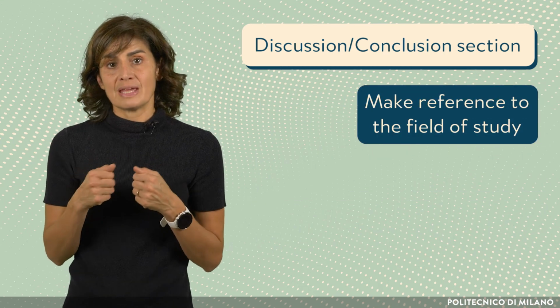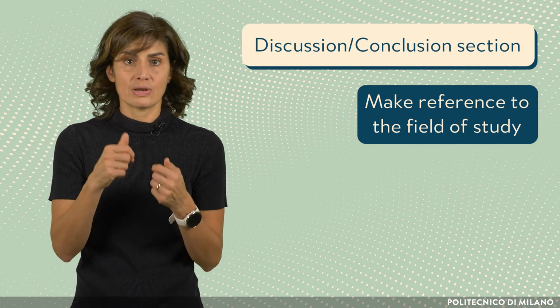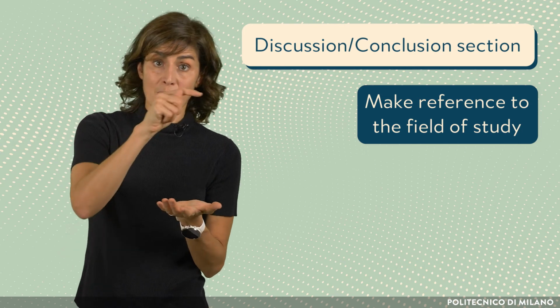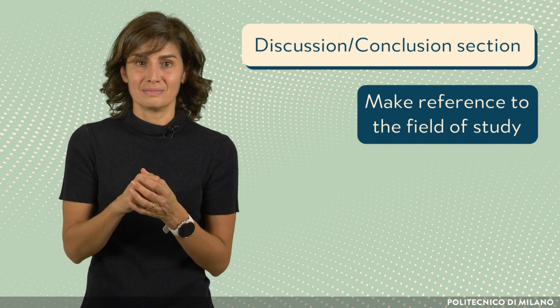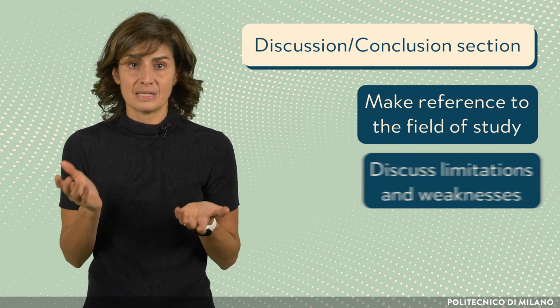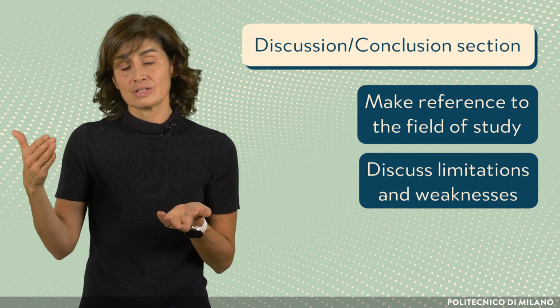You also have to make reference to the field of study, highlighting in what sense you're contributing to it and advancing it, as you should have promised in the introduction. Eventually, make sure to discuss limitations and weaknesses of the results and implications for future research.